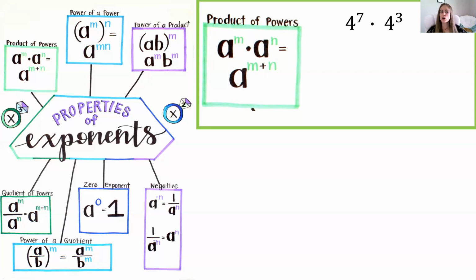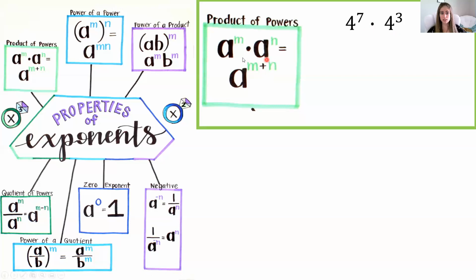If we have 4 to the 7th times 4 to the 3rd, the first thing I need to check is, are the bases the same? Yes, they are. Both of these exponents have a base of 4. And I notice that they are being multiplied, which means I can apply the product of powers rule.